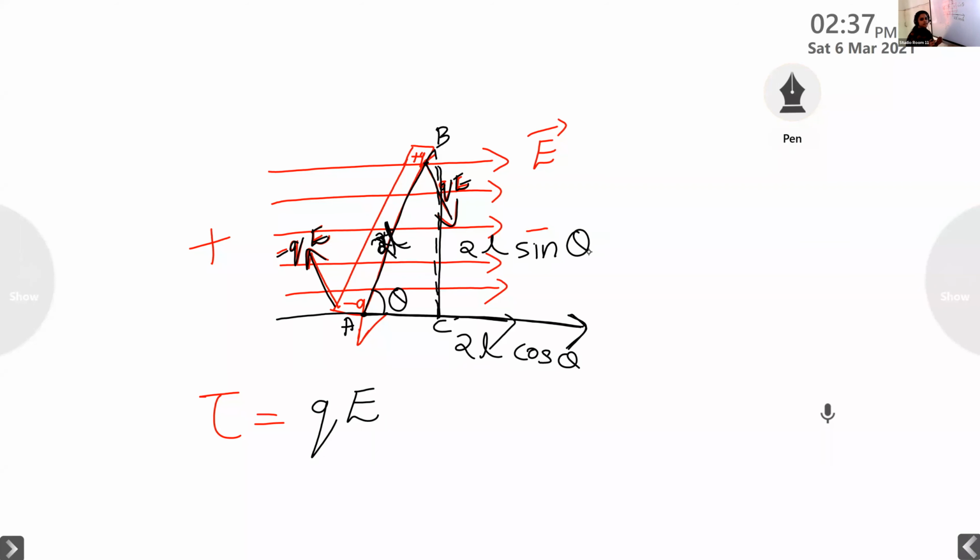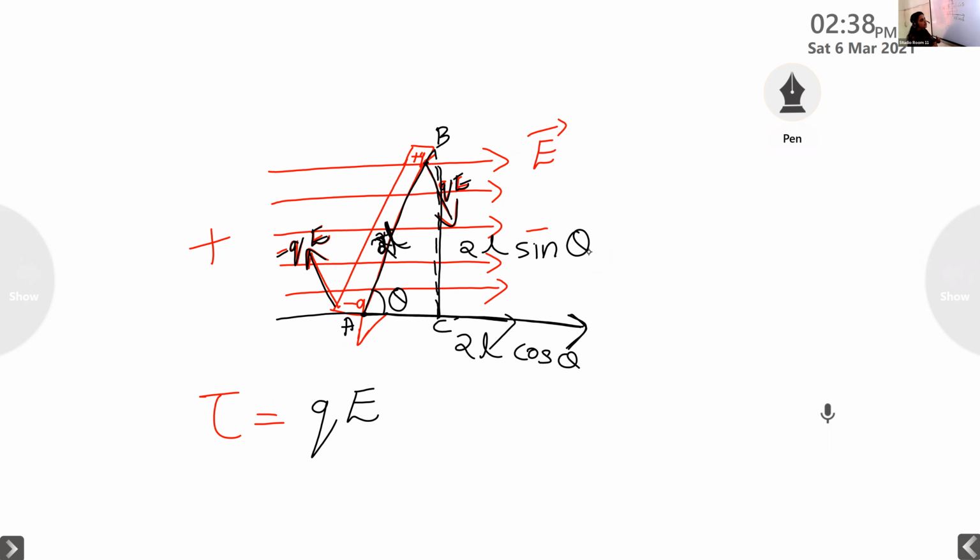Due to the presence of torque, our electric dipole placed inside the uniform electric field undergoes a slight rotation. That rotational effect on the electric dipole is known as torque. The torque can be calculated as the product of the magnitude of any one of the forces and the perpendicular distance. The magnitude of the force is very clear from the figure: it is QE.